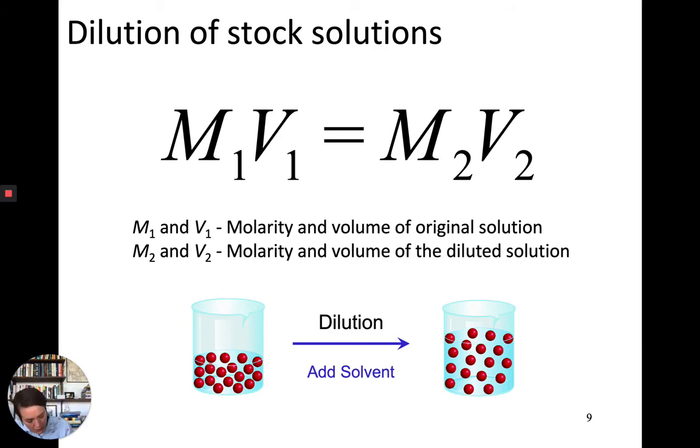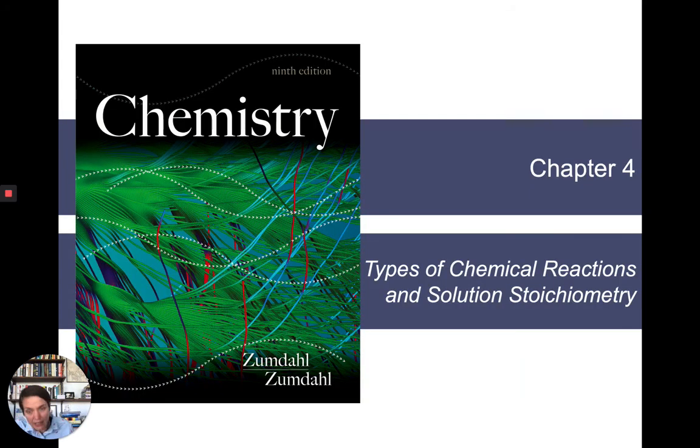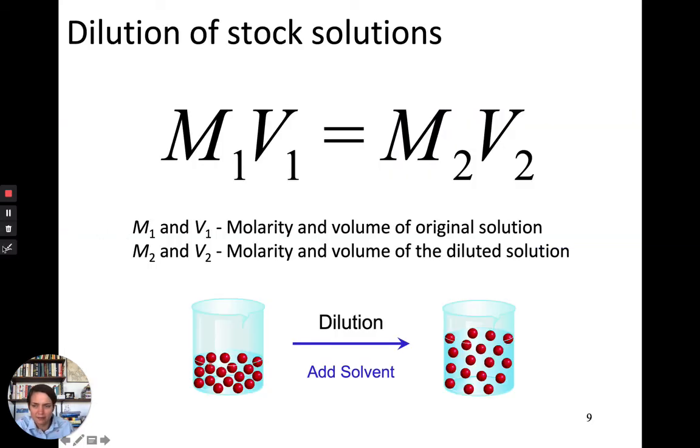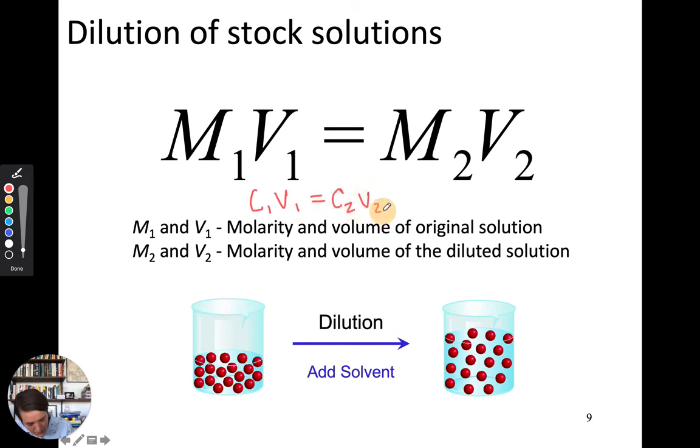So another way of writing this is C1V1 equals C2V2. My mouse has been super touchy today, I'm sorry. You might have seen that in a biology class where C equals concentration.